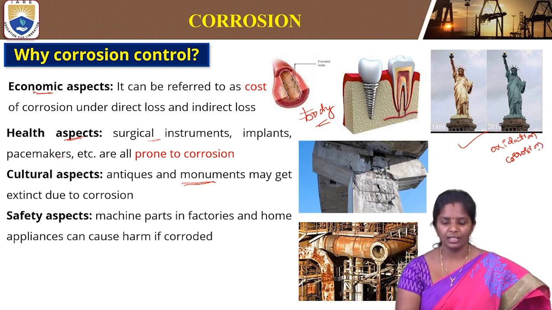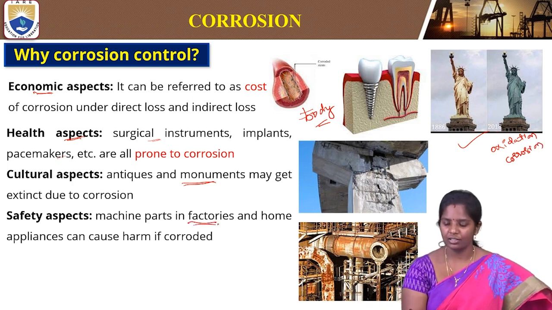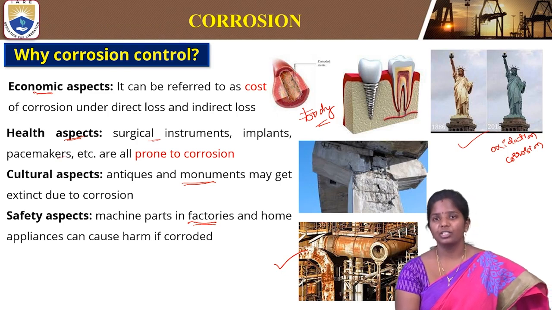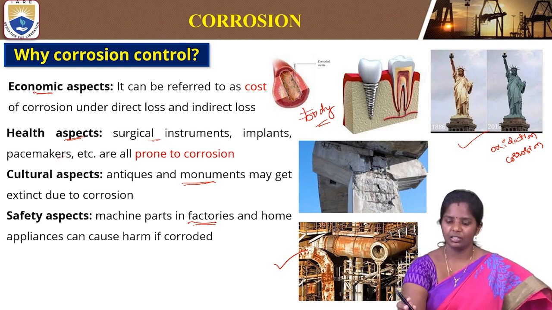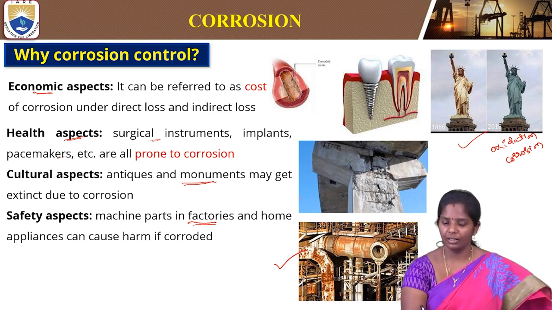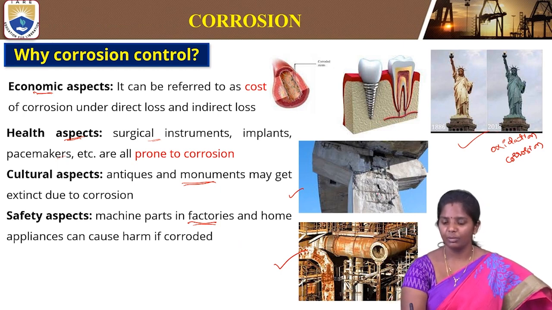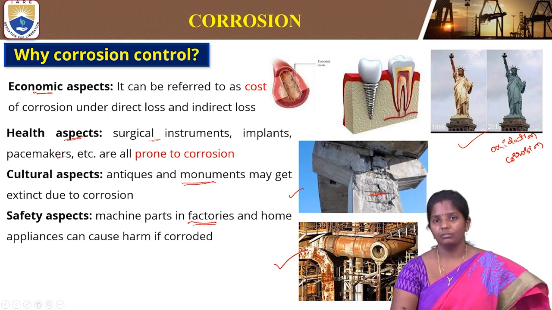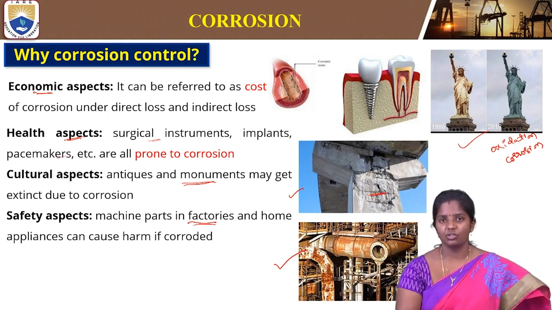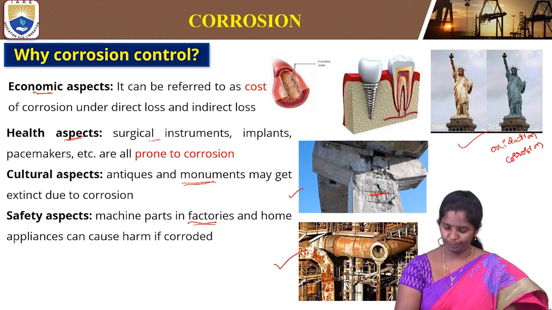Also in factories, if machinery is corroded, it will affect the production of that product. Also in building materials in civil engineering, if the metal is corroded, it will delaminate from the structure, which will affect construction. These are some of the problems we face due to corrosion, so we require corrosion to be controlled.